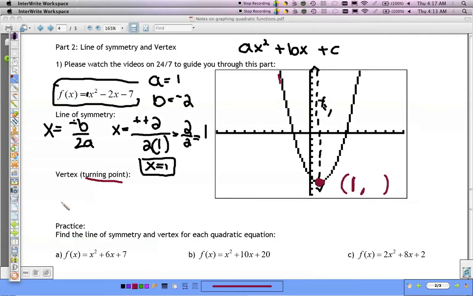So I'm going to evaluate f of 1. Remember, you always replace a variable with parentheses: 1 squared minus 2 times 1 minus 7. 1 squared is 1, minus 2 times 1 is 2, minus 7. 1 minus 2 is negative 1, and negative 1 minus 7 equals negative 8.